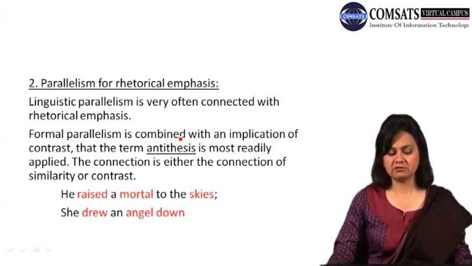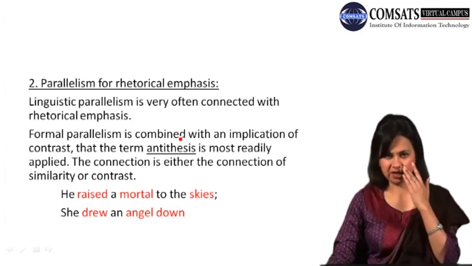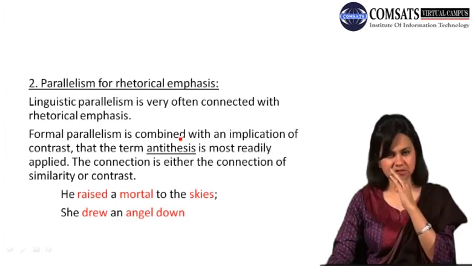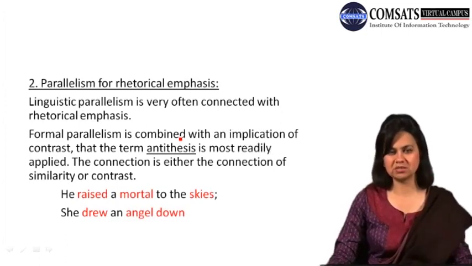Then raised contradicts or contrasts with the act of drawing down in the second line. Raise and drew are opposite actions. Raise is to make somebody go higher, and drawing is to draw somebody towards the ground.